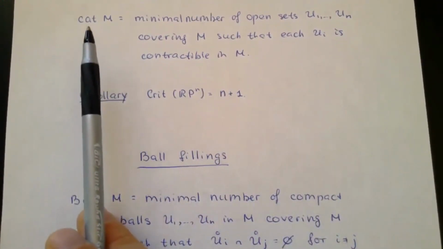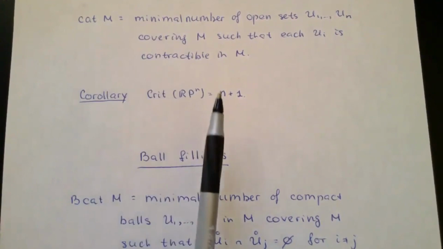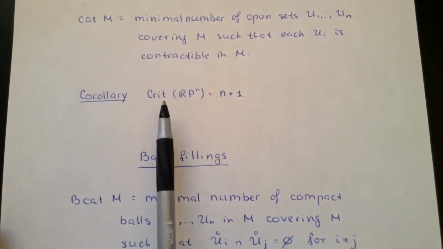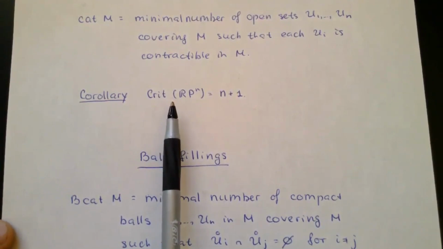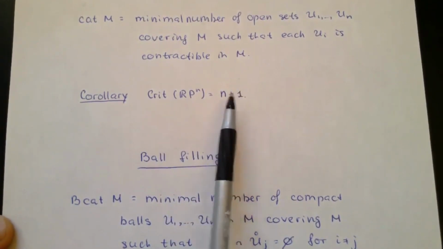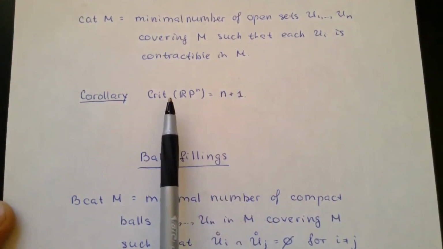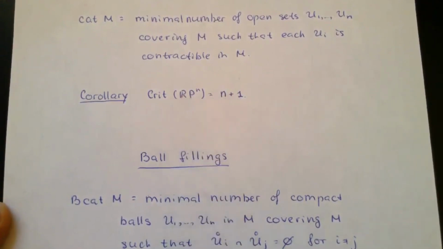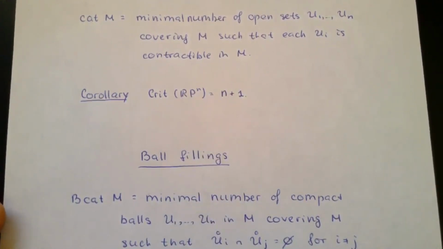Using the Lusternik-Schnirelmann category, one can, for example, show that the minimal number of critical points on RP^n is n+1, and of course, one can construct by hand a function with precisely n+1 critical points on RP^n.